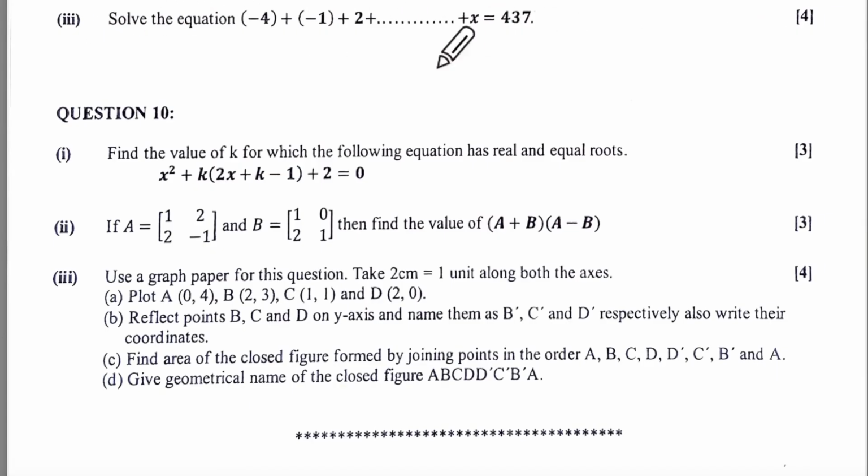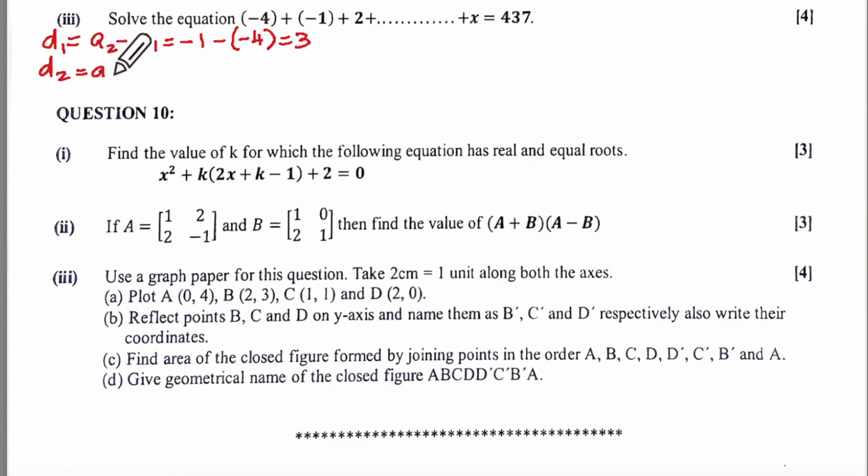Let me solve this equation. To begin with, they didn't tell you whether it is AP or GP. So the first step will be to find out if this series is AP. D1 will be equal to A2 minus A1, which means minus 1 minus minus 4, equal to 3.